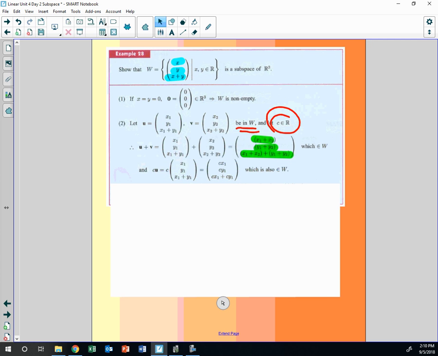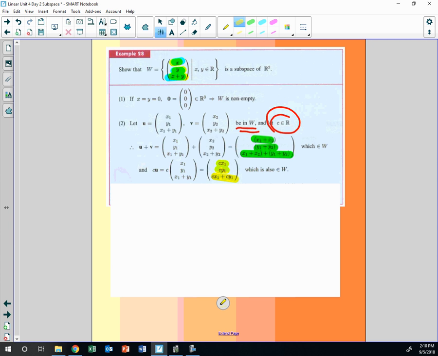Now we're going to do the multiplier part. We're going to take C times U, and when we do that, it should give us the same form. So C times x1, and you don't need to worry about V. It's just one or the other. We're going to use U. Cx1, Cy1, Cx1 plus Cy1. Does this form look like this form?